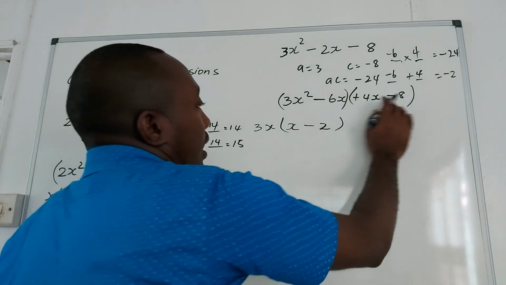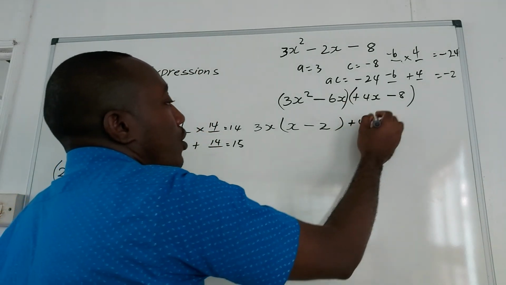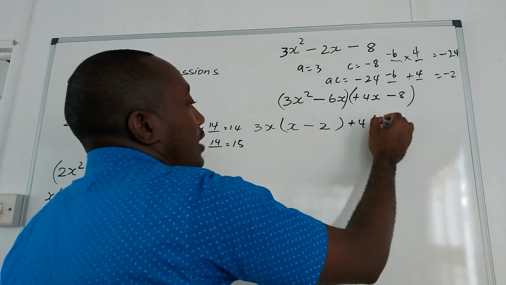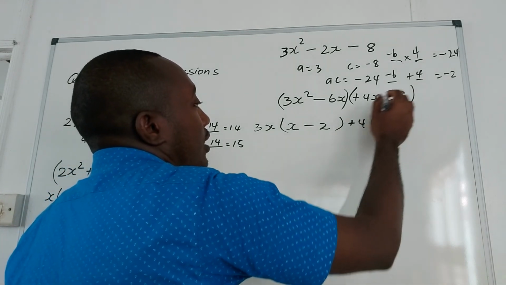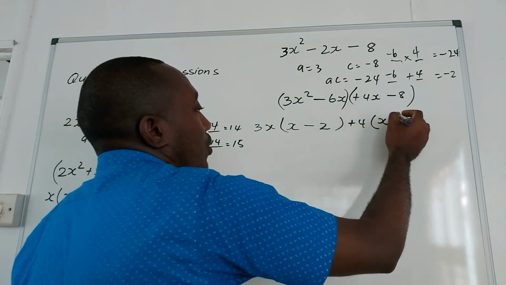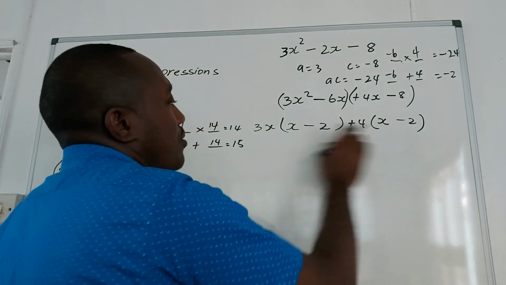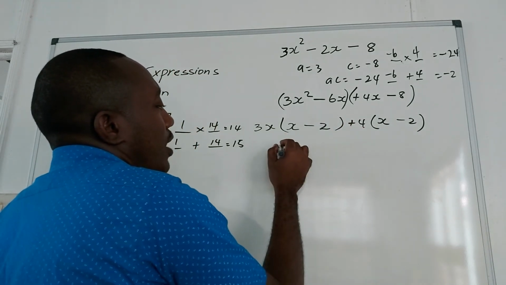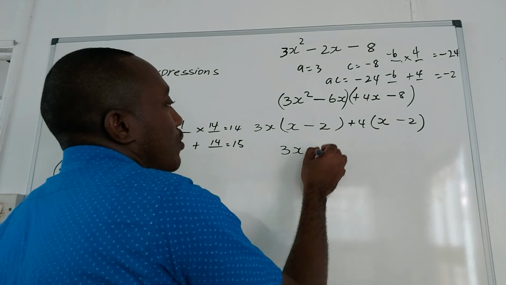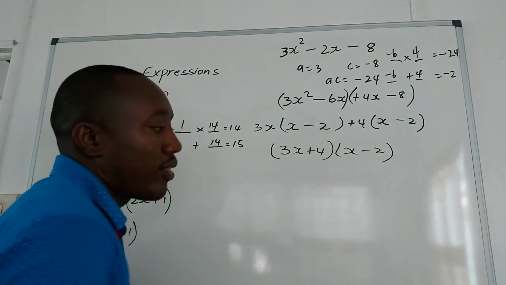And our common factor here will be 4. Plus 4x divided by 4 will give us x, and negative 8 divided by 4 will give us negative 2. So our brackets are the same, so we put our factors in one bracket, 3x plus 4, and x minus 2 in the other bracket.